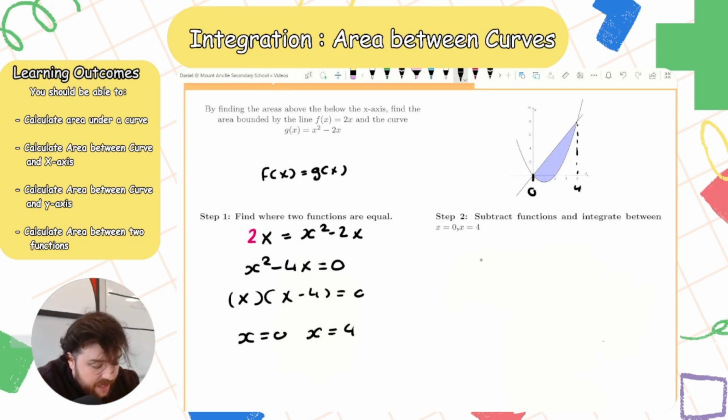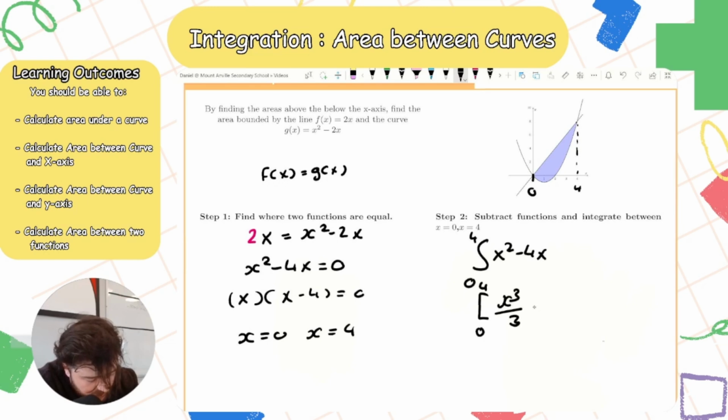Now I need to integrate them, subtract the functions, and integrate between 4 and 0. So it's going to be x squared minus 4x, between 4 and 0, x cubed all over 3 minus 2x squared. That's going to be 4 cubed all over 3 minus 2 times 4 squared, minus, now I sub in 0.